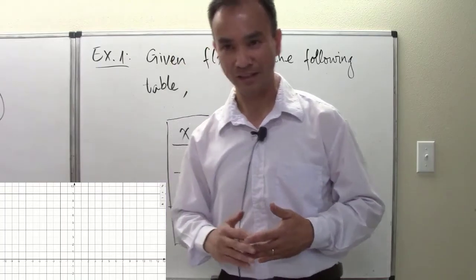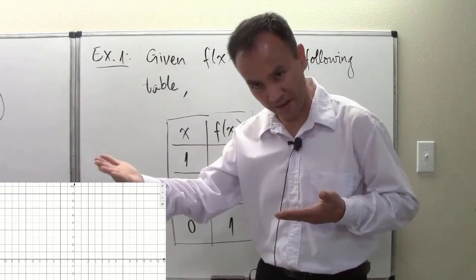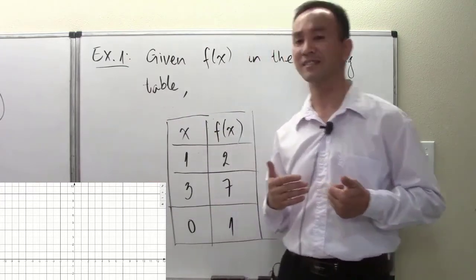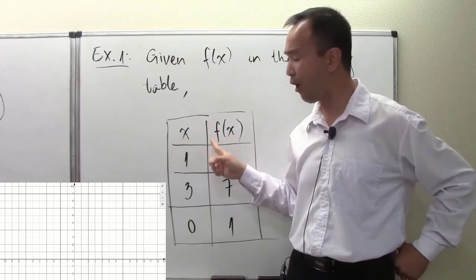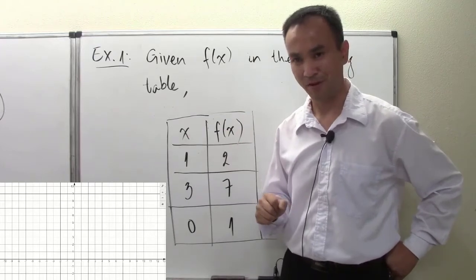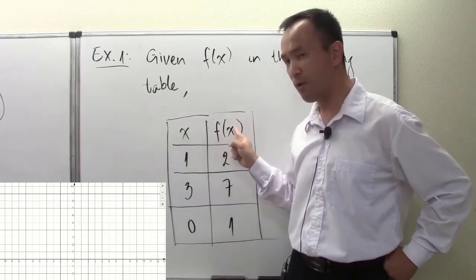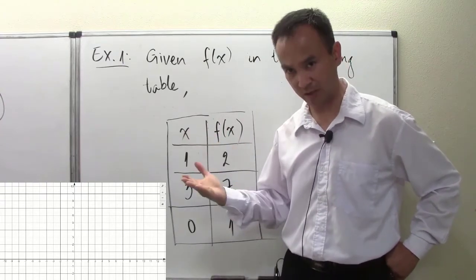I would like to make a clarification. I explained in the earlier lesson that inputs and outputs do not always have to be x and y respectively. And I have explained that clearly.